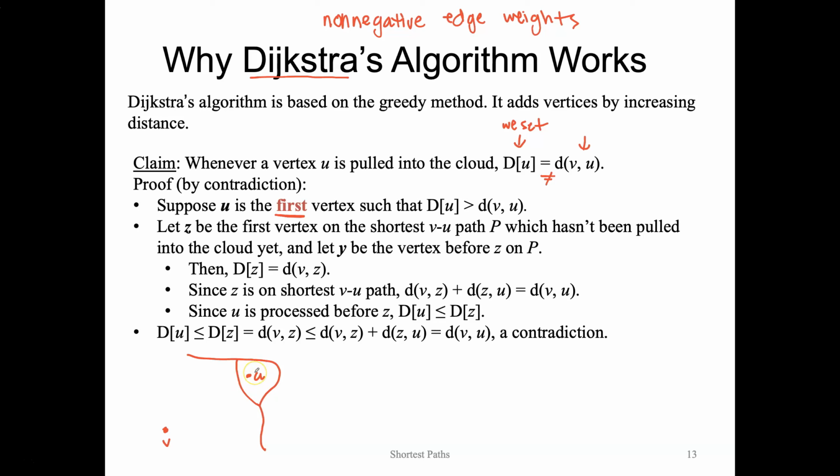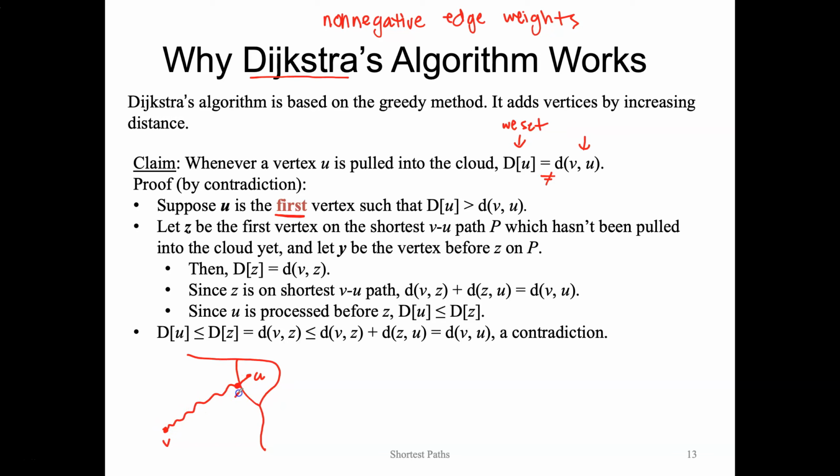So how is this possible? Well, if a shortest path from v to u, if this entire path is contained within this cloud to where all of the vertices along it are in the cloud, then we would have correctly set this distance label because the vertex before it was in the cloud before it as well, and this entire thing is a shortest path.